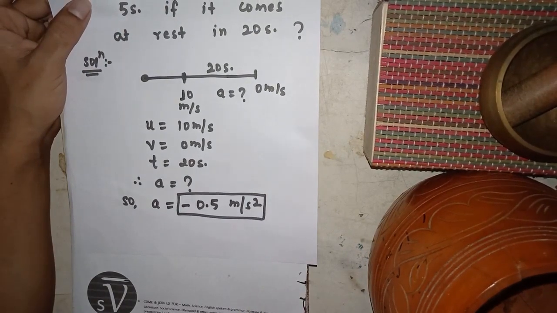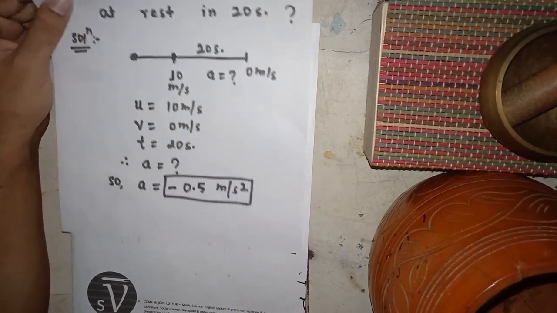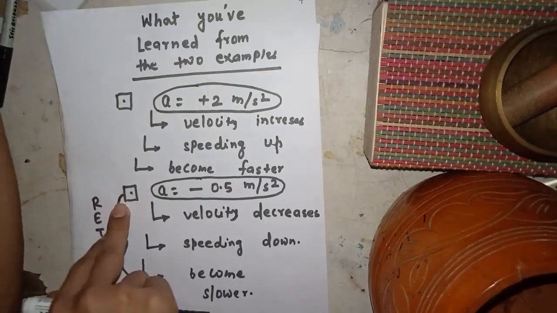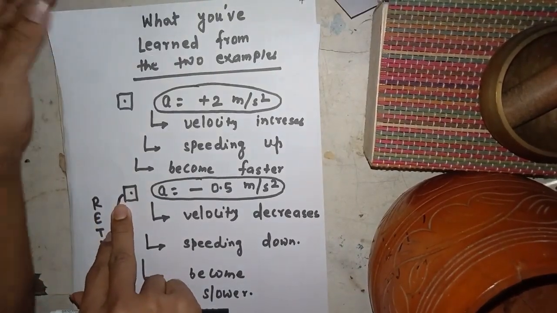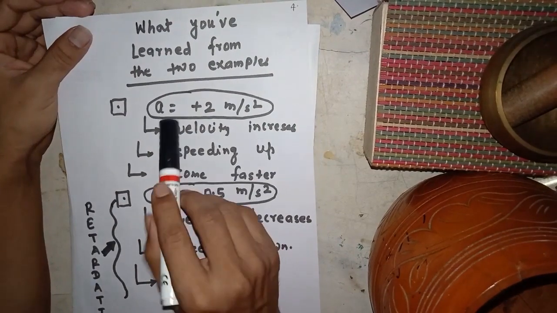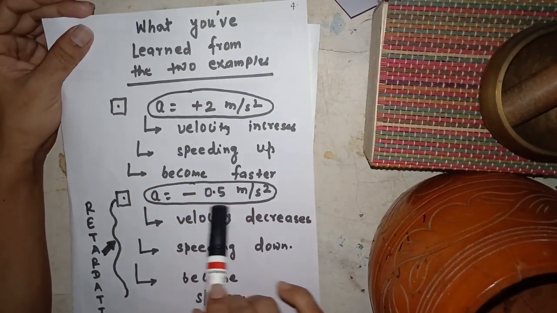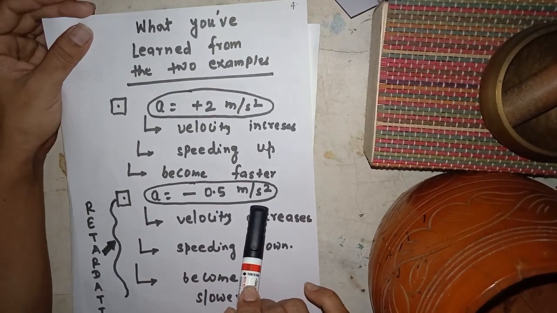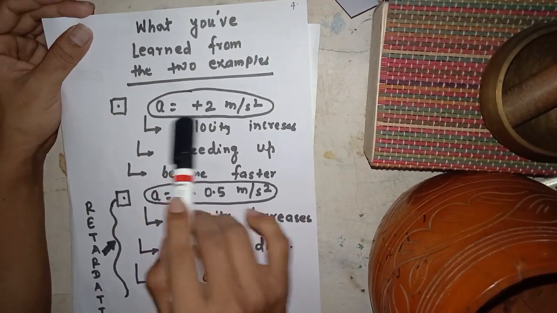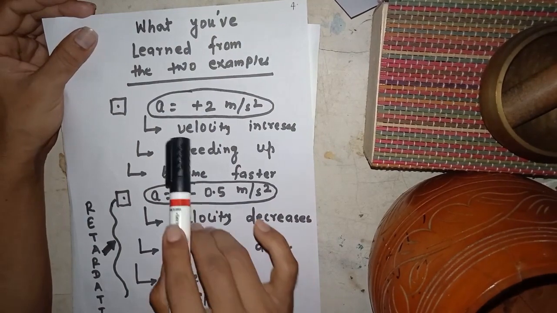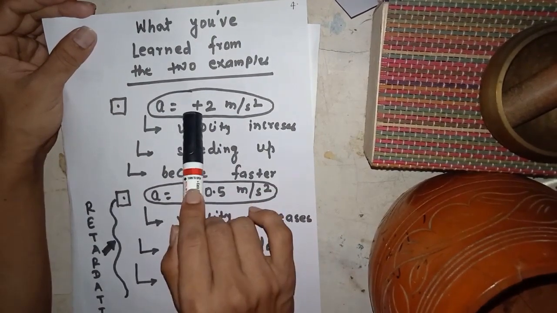So what you have learned from these two cases is that in the first case you got positive acceleration, but in the second case you got negative acceleration. So positive and negative acceleration give the idea about velocity: velocity increases for positive acceleration.